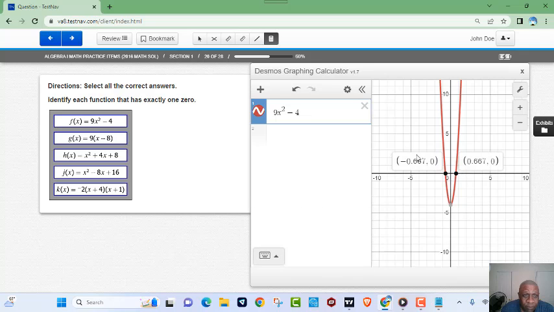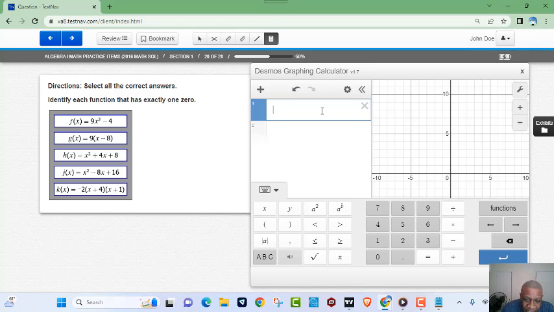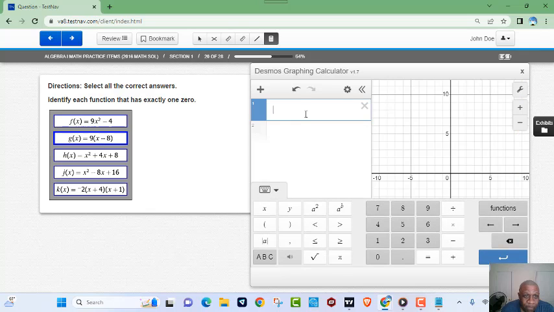That one has 2 zeros, so that's not it. Let's look at the next one. 9 parentheses x minus 8. Okay. Yep, this one has exactly 1 zero. So I'll highlight that one. All right, let's look at the next one.